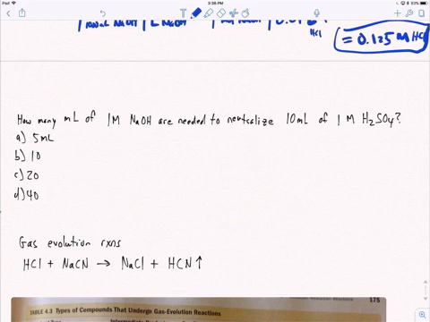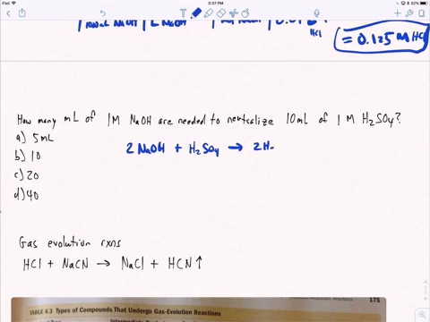So the equation here is going to be 2 NaOH plus H2SO4 makes 2 waters plus, because of those 2 hydrogens in H2SO4.